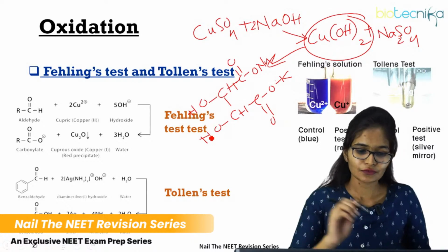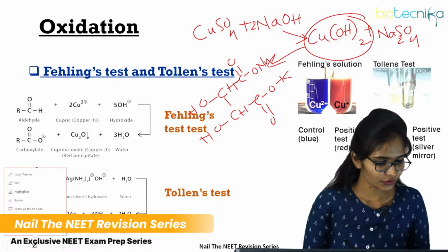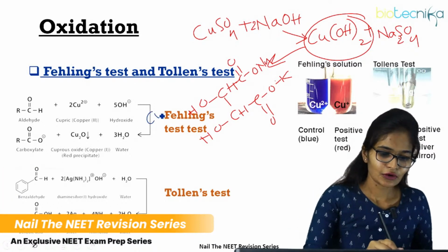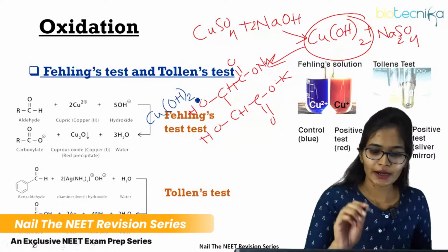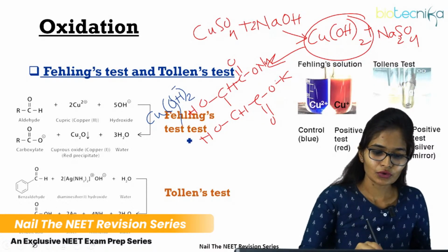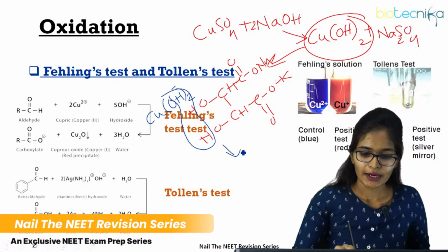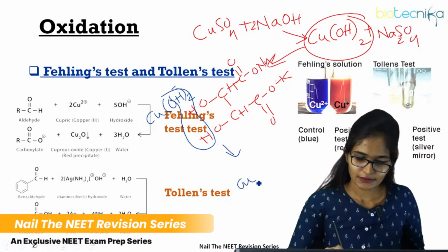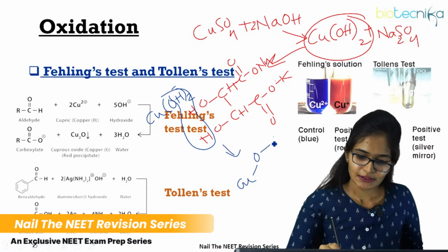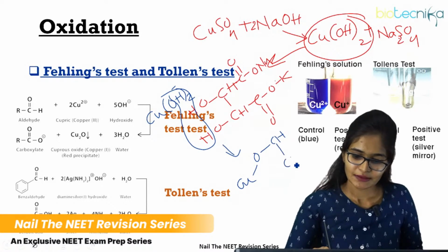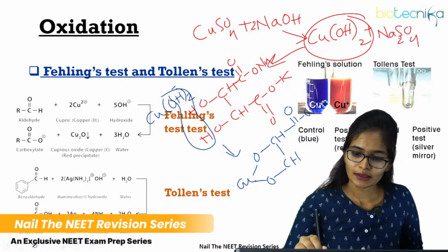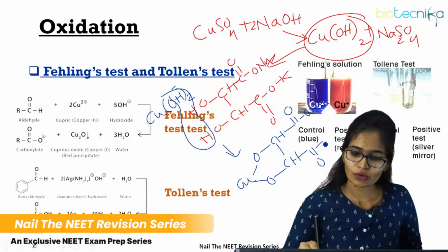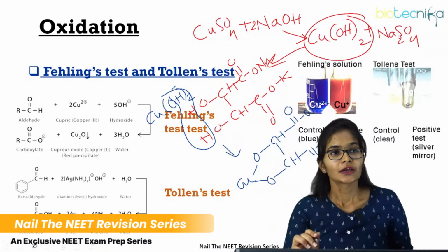Here, the copper carrying two hydroxides goes and forms a complex like this: oxygen attached to CH, and again oxygen, with COONa on one side and COOK on the other.